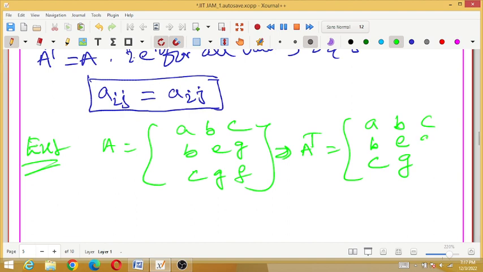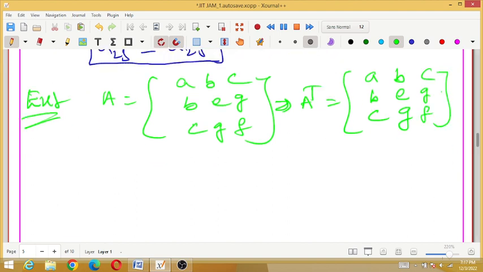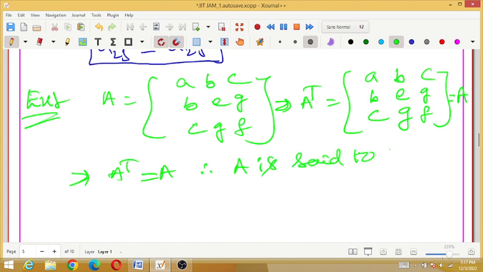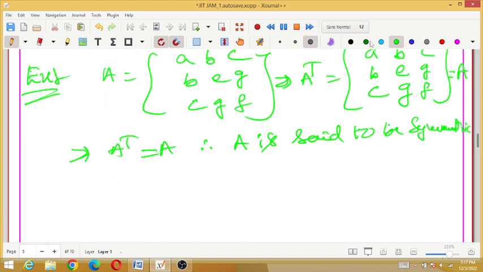The third row c g f becomes the third column. So here A transpose is equal to A. So that's why this A is said to be a symmetric matrix. This is the best example for a symmetric matrix.